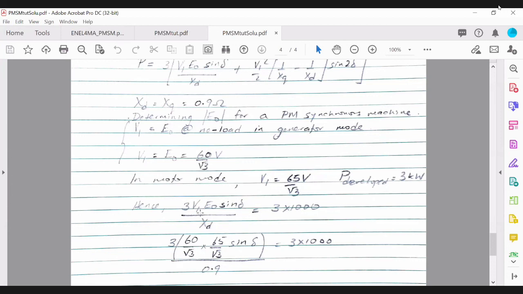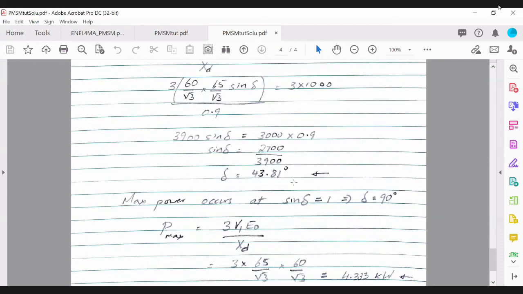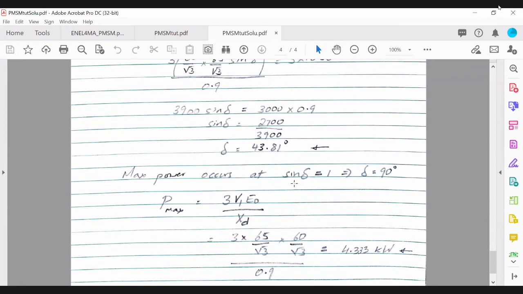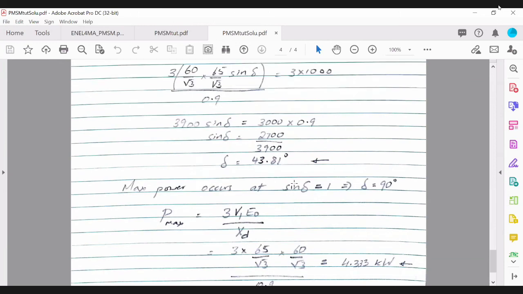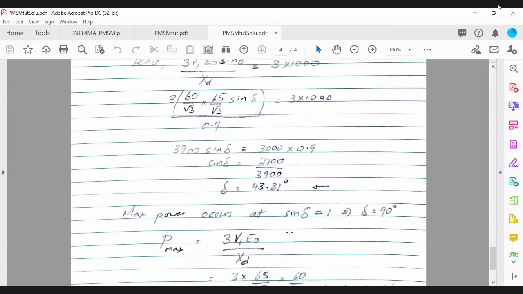Because we know what is V1, we know what is E naught, and we know what is Xd. So delta comes out to be 43.81 degrees.